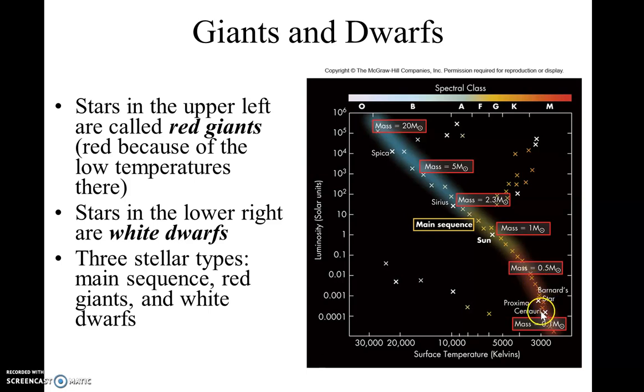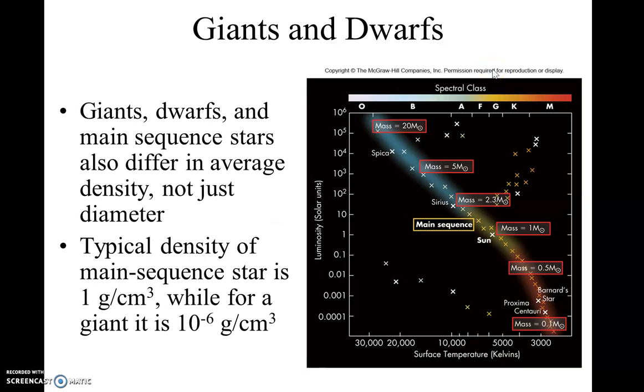For example, Proxima Centauri, Barnard's star, another star that has less. I mean, there's lots and lots of stars. In fact, most of the stars in the galaxy are down in this range right here. They're tiny stars.